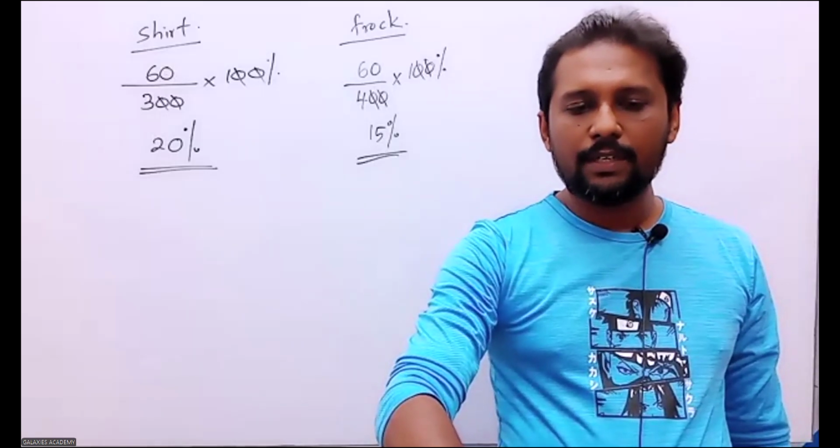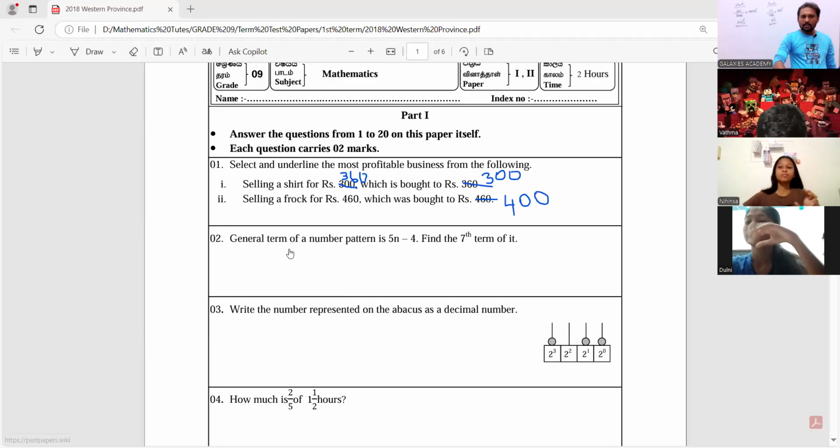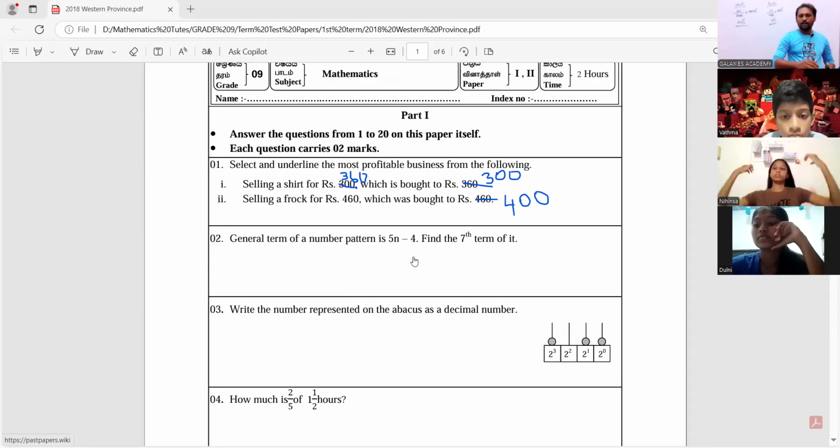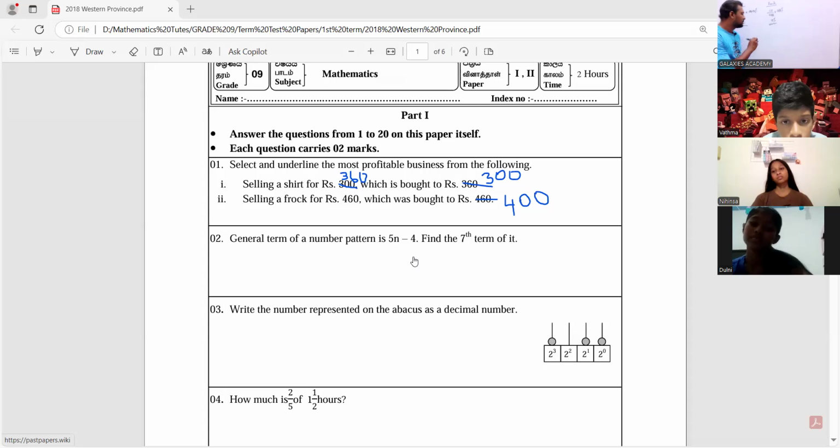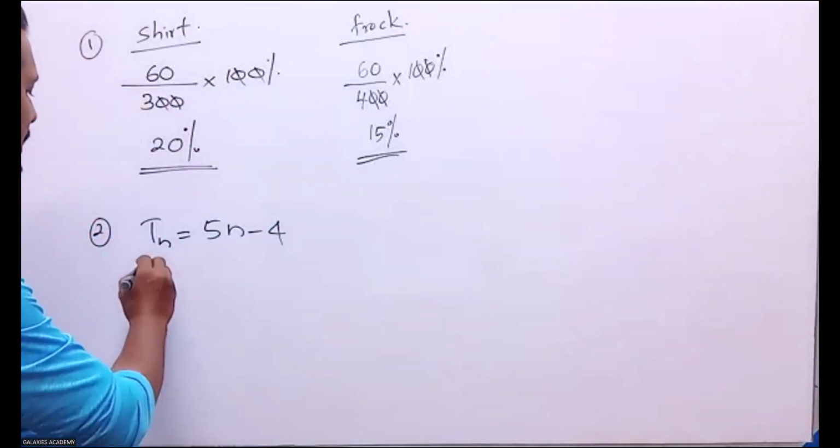Second question is given from the number pattern lesson. The general term given is Tn equals 5n minus 4. Then you have to find the seventh term. Seventh term means T7, no? To find the seventh term, what do we have to do?